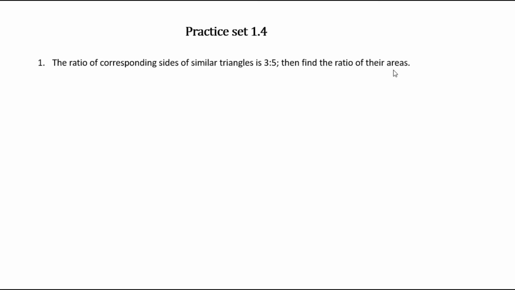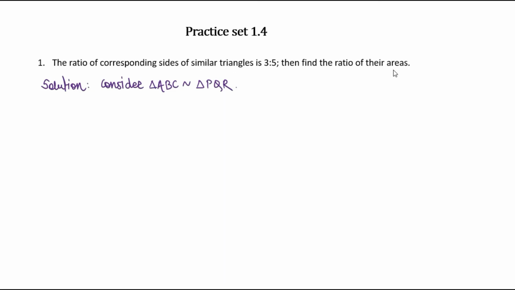The solution: first we have to give names to these two triangles, triangle ABC and triangle PQR, which are our favorite triangles, which are similar to each other.